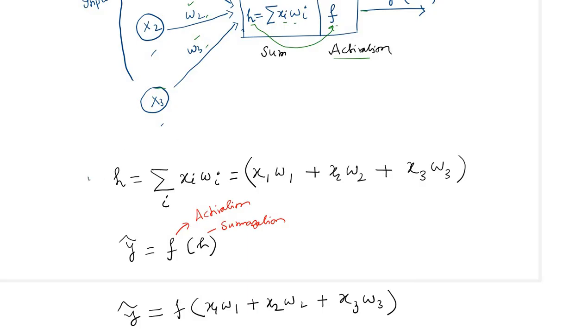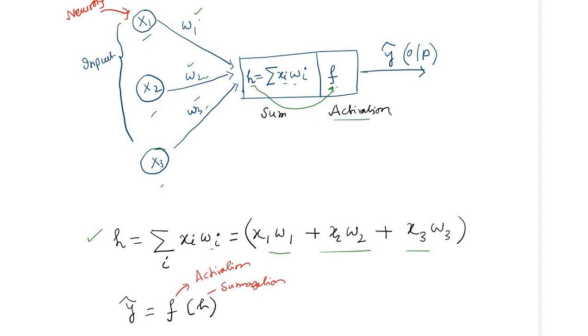So what is h? h is nothing but the summation of xi wi, which is x1 w1, x2 w2, x3 w3, as we have also seen from this figure. Finally, this h needs to be passed through the activation function to compute the output y or y cap.